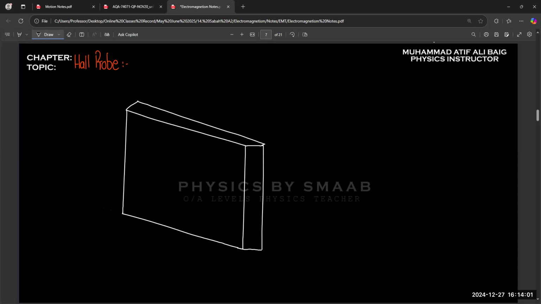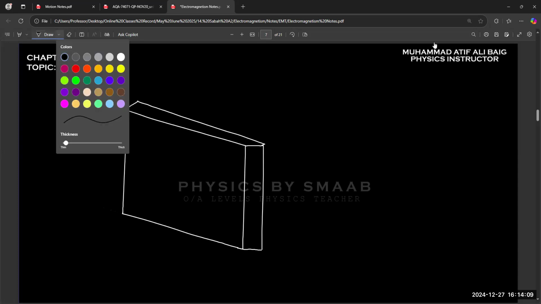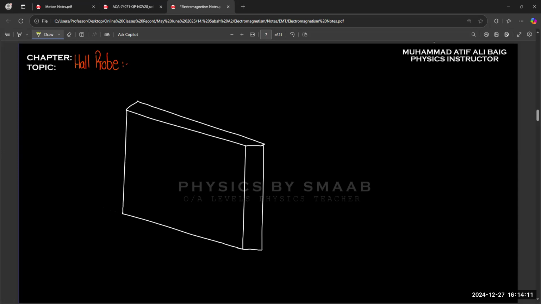So right now it gives you some idea related to the 3D diagram. Magnetic field lines are coming out of the paper. When they are coming out of the paper, you will receive it like this. They are coming from the backside and coming out from the front side.